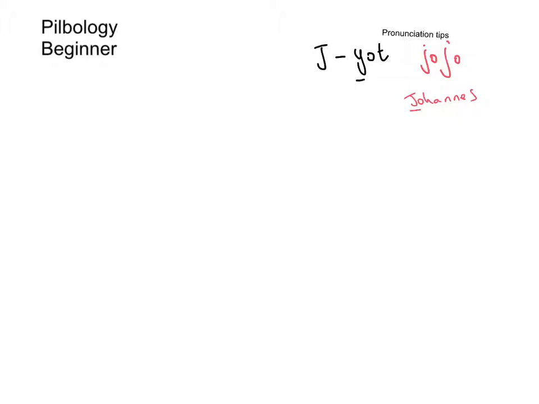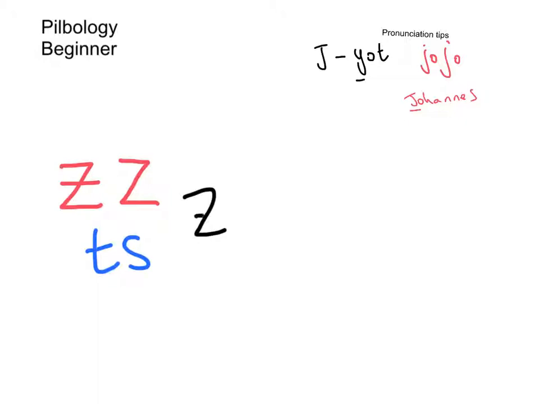Excuse me. The next letter I would like to look at is the Z. Now, I've put a little line through mine. You don't have to, but that's a Z. The pronunciation of the Z in German is a TS sound, as if you're letting air out of a tire. An example of this would be the number 10.